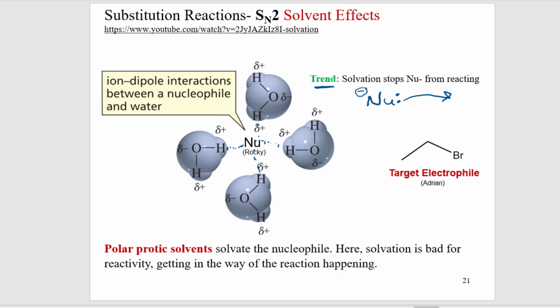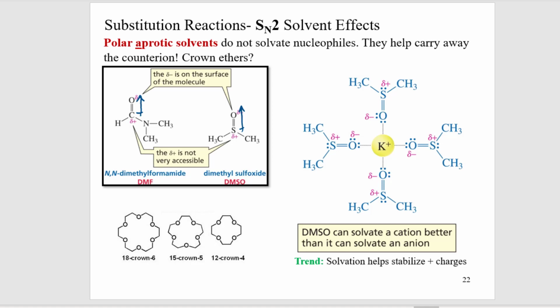They just have more electron density to themselves than normal. As opposed to positive charges. When you have a positive charge, typically you're lacking electron density, and so having others around you fills that void. Okay? We're going to talk about that a little bit more in SN1.